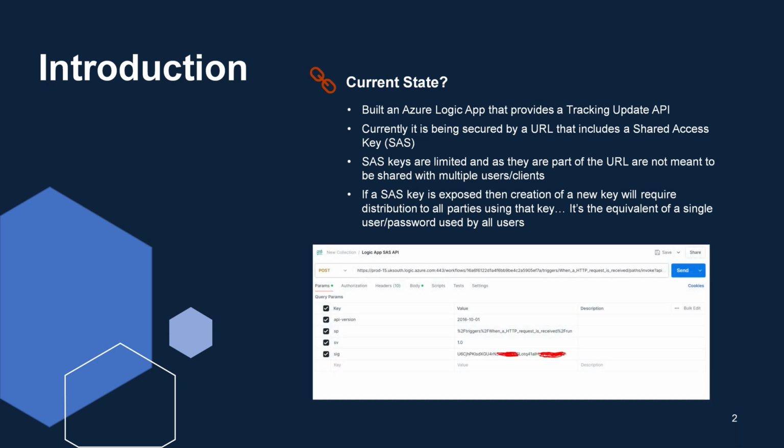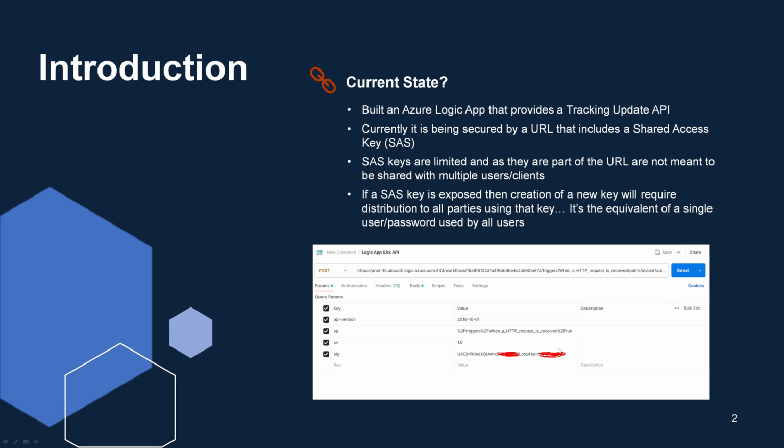Below, you'll see Postman set up for the app that we generated in the last session. Here we can see the production URL, and there are various parameters that are created as part of the Azure app in order to connect. So we've got API versions, etc. And then we've got a signature at the bottom.